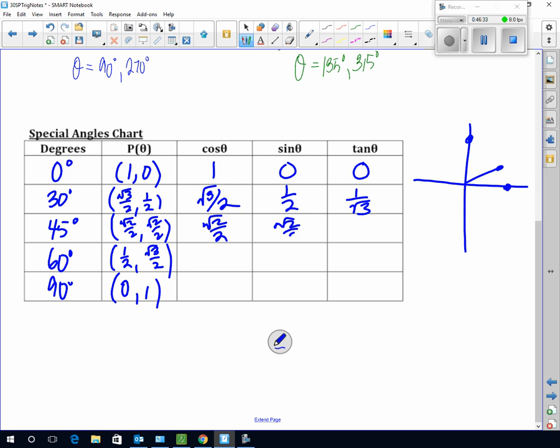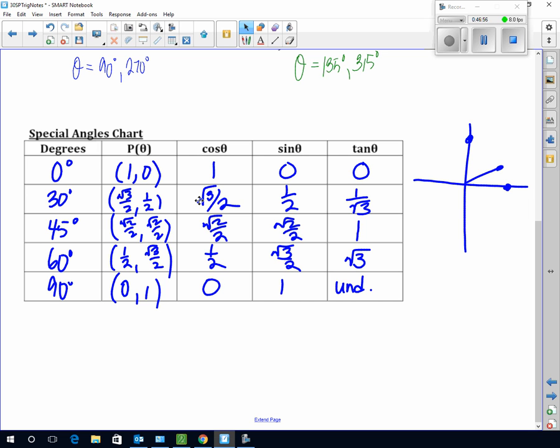This is my y. And I get root 3 over 2 divided by 1/2. So yeah, I get root 3. And then this is my x. This is my y. Then y divided by x, you can't divide by 0, so we get undefined. And so you'll notice some patterns of what's going on here. So that's another way you can memorize it as well.